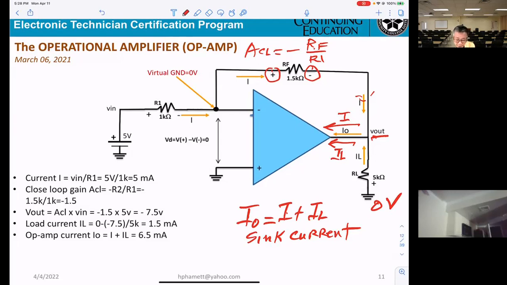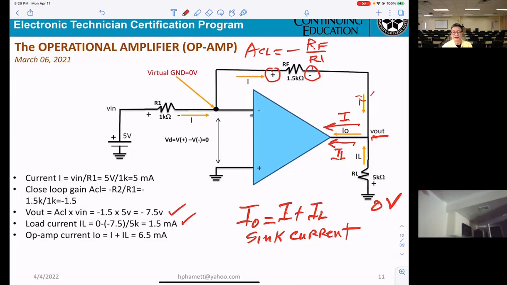And if you want to calculate V out, you take the gain times VE. That's what you get, that one here. And if you want to calculate the load current, IL, you take V out divided by RL. You get 1.5 milliamps. And adding up the current I and the current IL, you get the op-amp current.